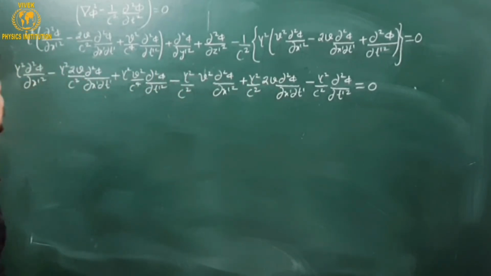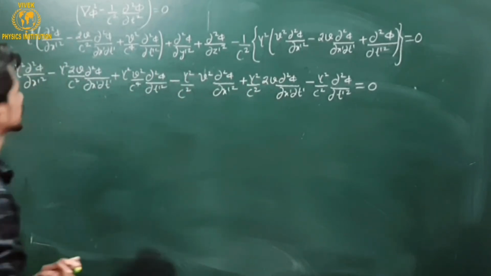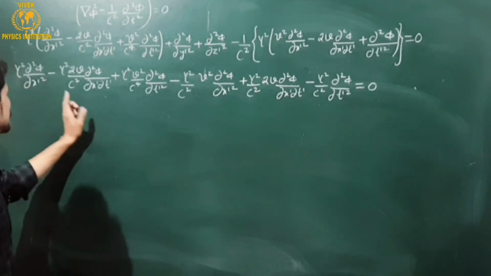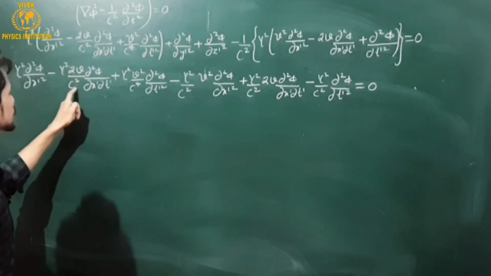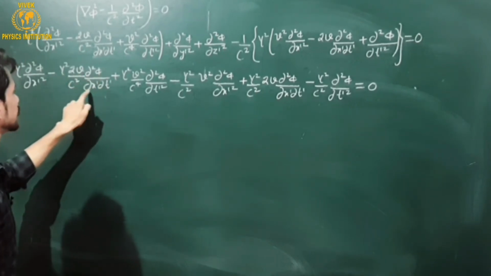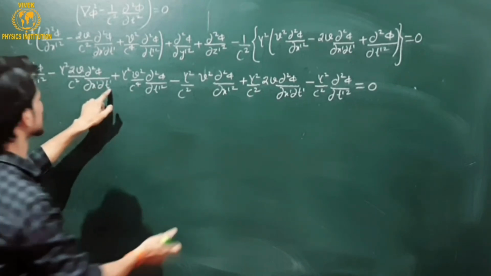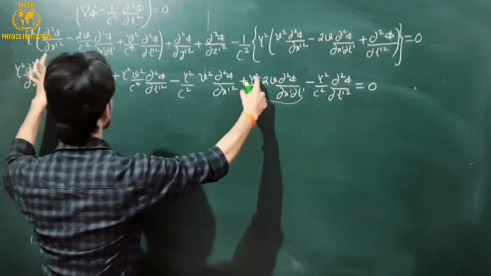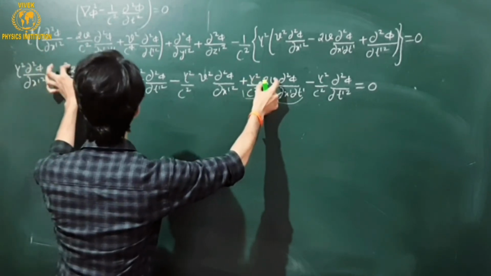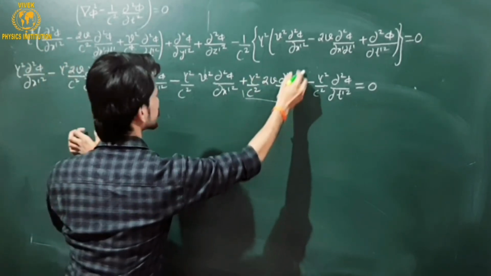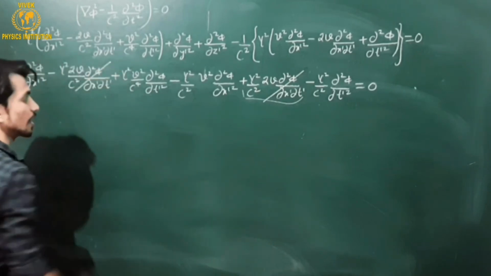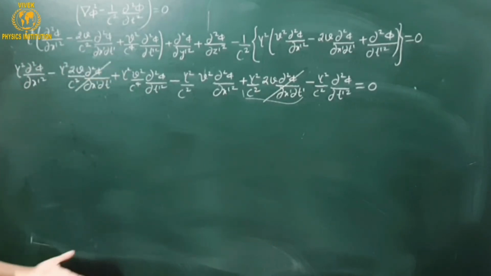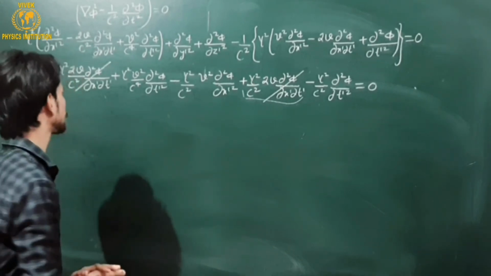Okay. Now some terms will be cancelled out. How? As you can see here, this is gamma square 2v over c square del square phi over del x dash del t dash. This term is the same here. Gamma square over c square, this one, 2v is here, del square phi over del x dash del t dash. So this factor will be cancelled out. The rest of the terms will be added according to their nature.